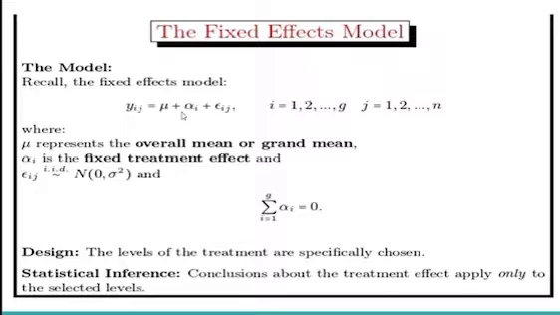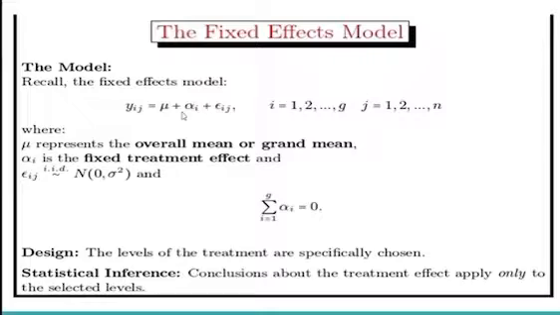And let me tell you this, the error component is always random in every model. Whether I have a fixed effect, random effect, or mixed effect, the error is always going to be random. You can't derive the name of the model from the error. You derive the name of the model from the nature of the effects.